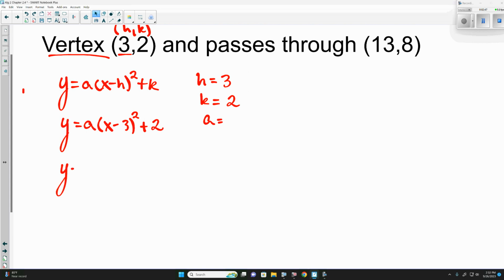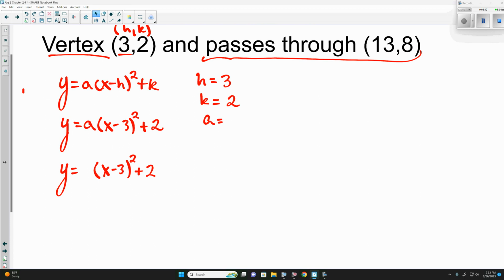Now, once we get the value of a, we'll have the whole equation. Any questions up to this point so far? Now, the only piece of information they gave us that we haven't used yet is that it passes through the point 13, 8.